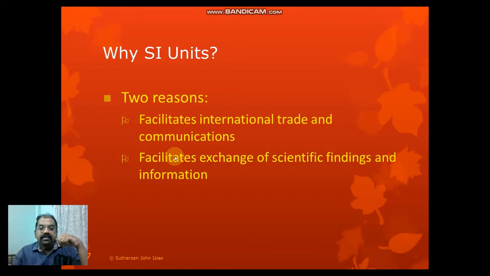And second thing is that it facilitates exchange of scientific findings and information. Something someone had found there, and it is mentioned in quantities. If I can't understand the unit, naturally I can't understand what the scientific findings are. So it is very important that the unit should be common.